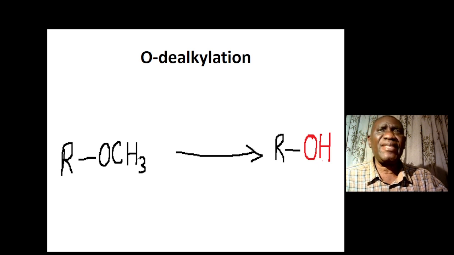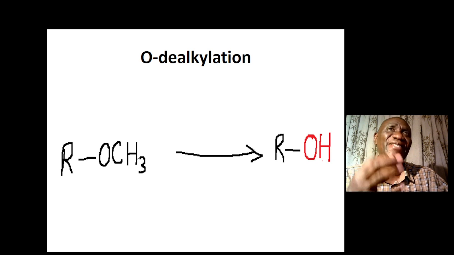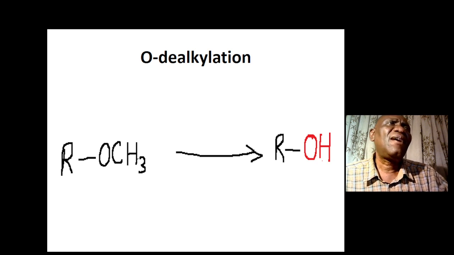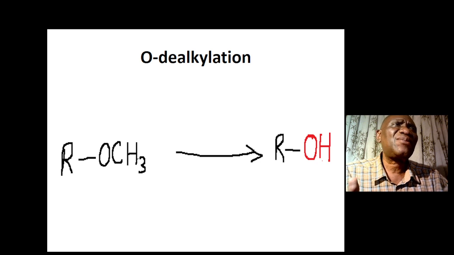The other process apart from N-dealkylation is where you have oxygen instead of nitrogen. But the description of the process is simply the same, except that we now have oxygen instead of nitrogen attached to this R, which I said is representing a lot of complex structures.